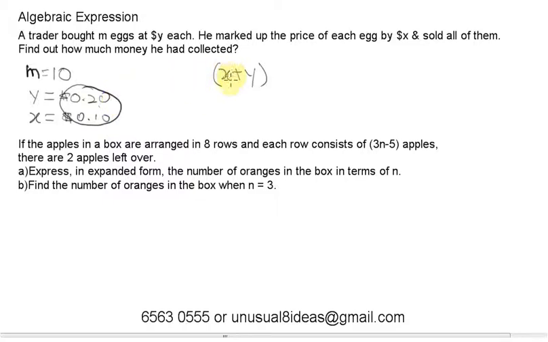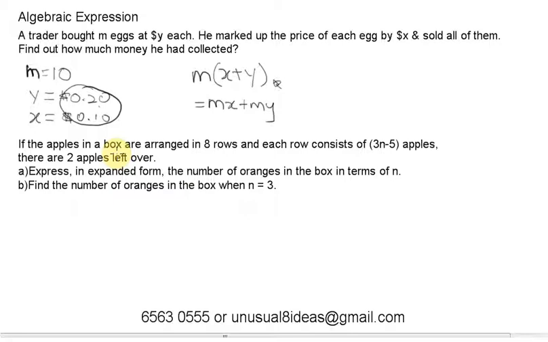So in this case, it's just x plus y times, not 10, but m. I was a little tempted to write down a 10. And that's the answer. Very simple. If you want to expand it out, it will be mx plus my. Alright? No big deal.